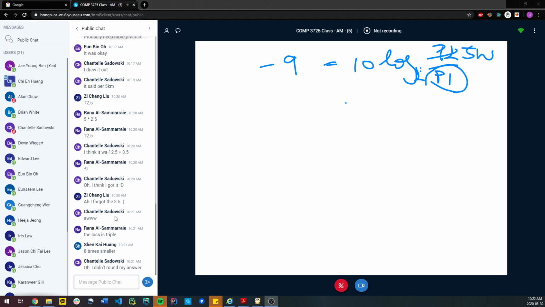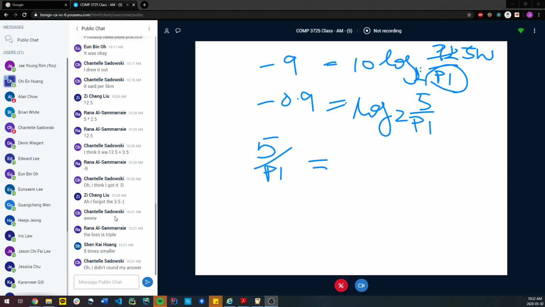To reverse the log, you have minus 0.9 equals log of 5 over P1, which means 5 over P1 equals... anybody?